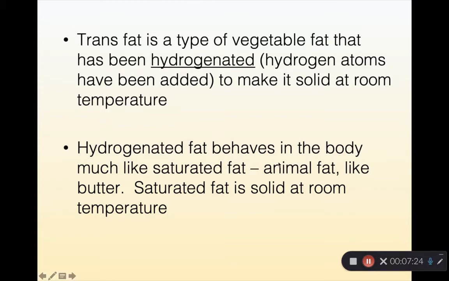And these hydrogenated fats behave in the body similar to a saturated fat, which is essentially an animal fat, like butter. And again, saturated fat is solid at room temperature.